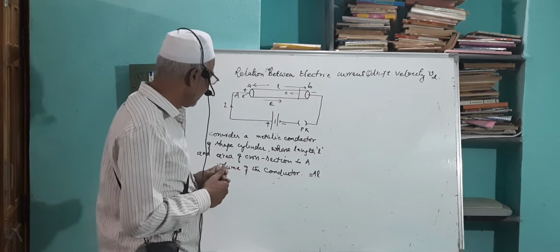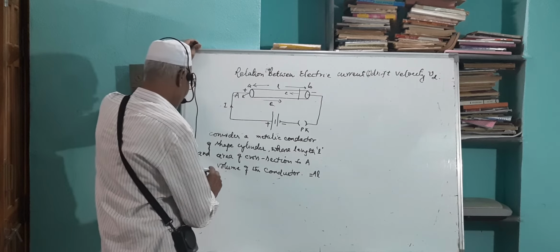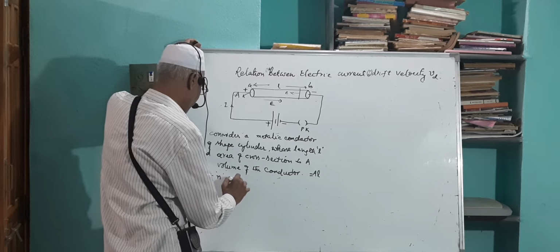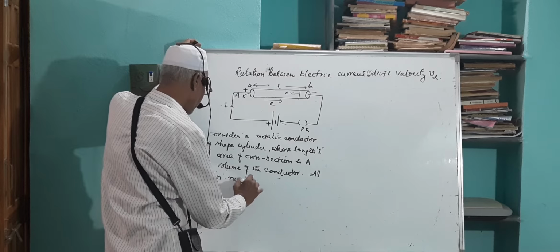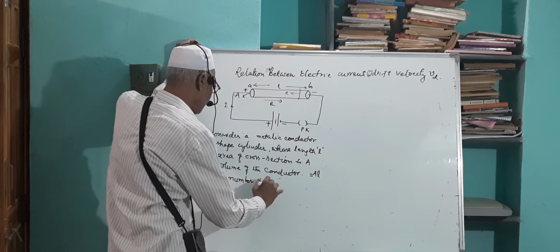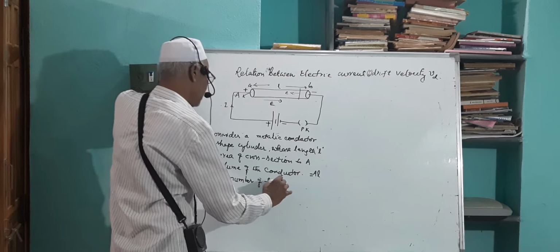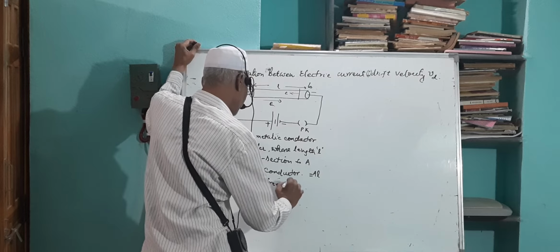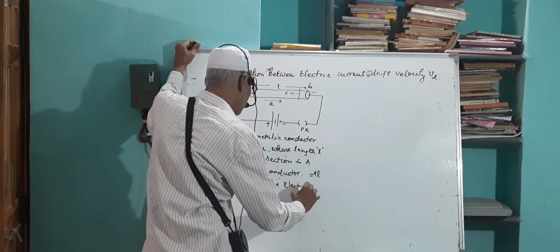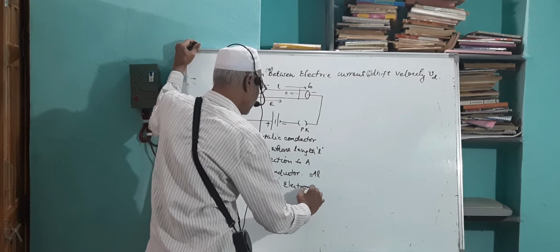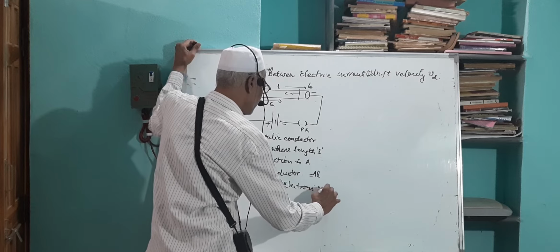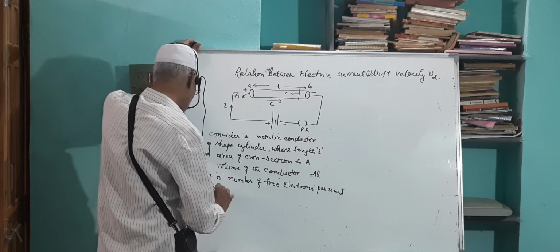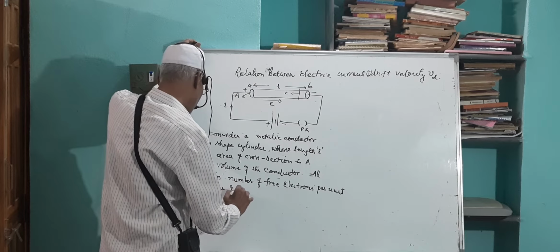Say, for example, n represents the number of free electrons per unit volume of the conductor.